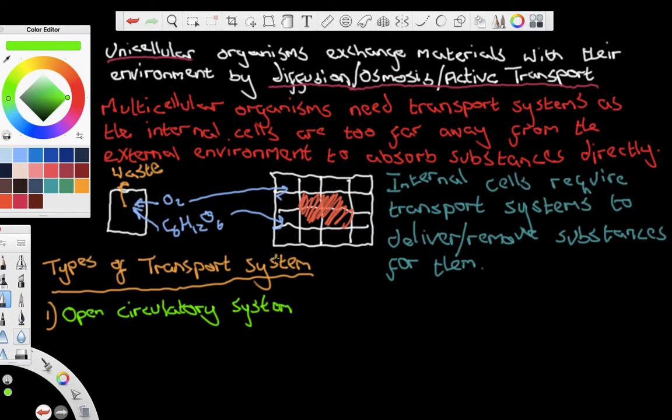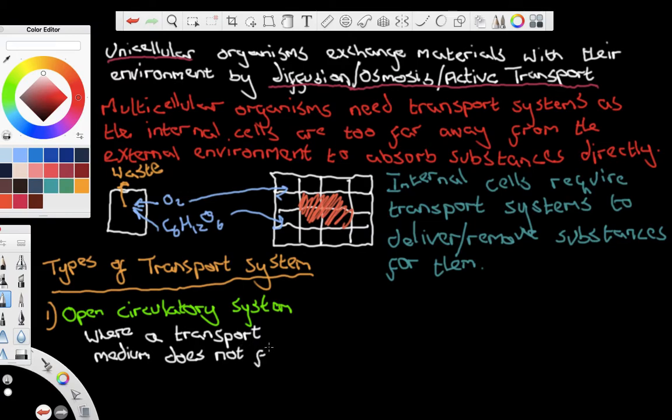It just goes into the body cavity of the organism. So we can define this as where a transport medium, I'll explain what that is in a minute, does not flow in blood vessels.